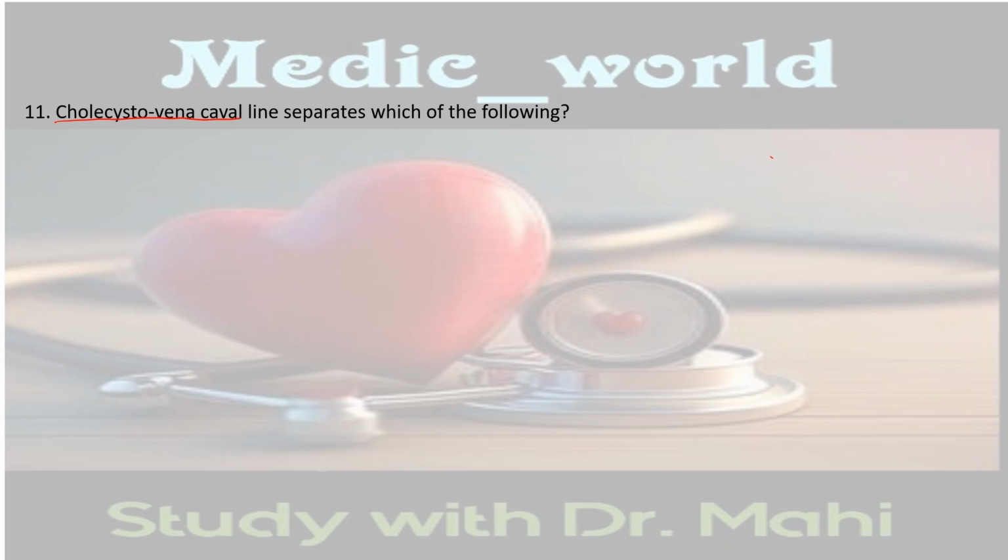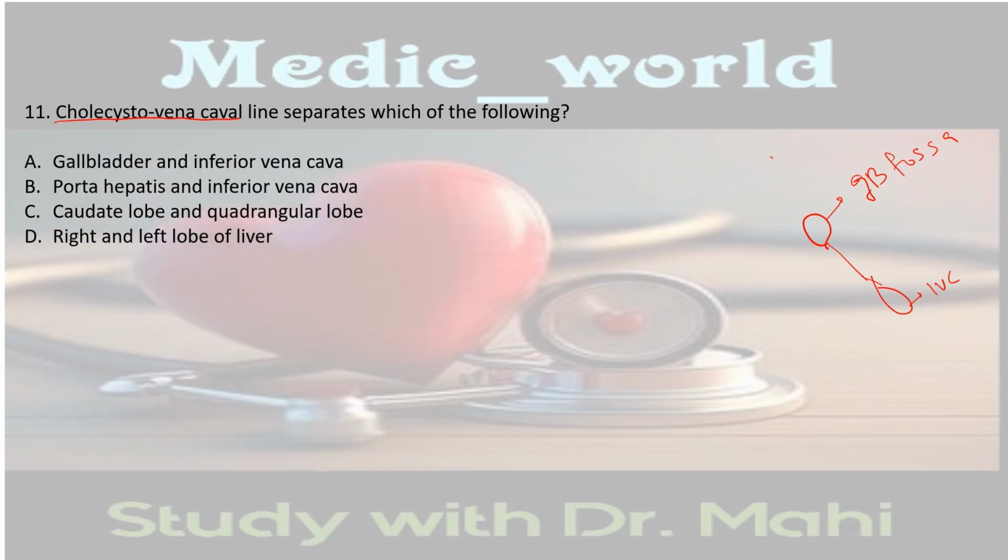It extends from the midpoint of the gallbladder fossa at the inferior margin of liver, back to the midpoint of the inferior vena cava, and it contains the middle hepatic vein. It separates the liver into two halves, that is right and left lobe of liver. So the answer to this question is option D, that is right and left lobe of liver.